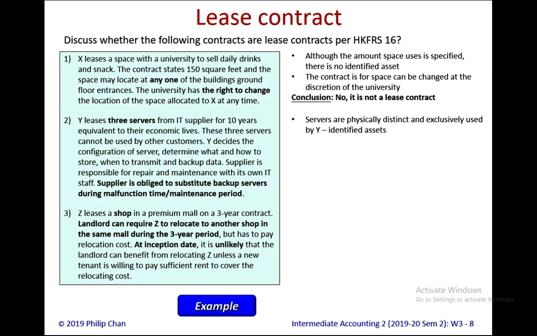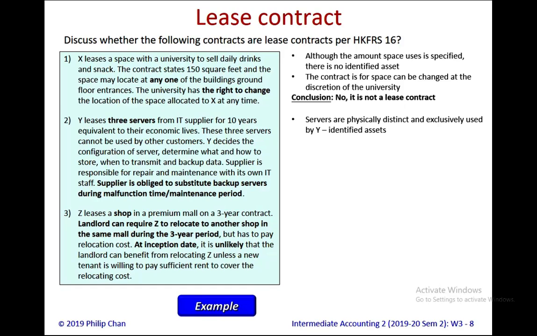Y decides how to configure the servers and determines what and how to store, and when to transmit and back up data. So Y has full control of the service. The supplier is responsible for repairs and maintenance with its own IT staff, and is obliged to substitute backup servers during malfunction time or maintenance periods.